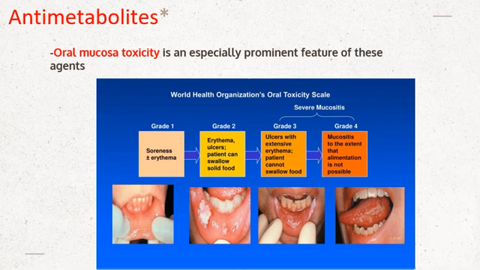Yan. So, ang side effect ng antimetabolites natin will be your oral mucosal toxicity. So, this is a prominent feature of your antimetabolites. So, meron din grading yan, yung oral toxicity scale natin for our chemo drugs. So, may grading sila depending on the severity of the oral lesion.